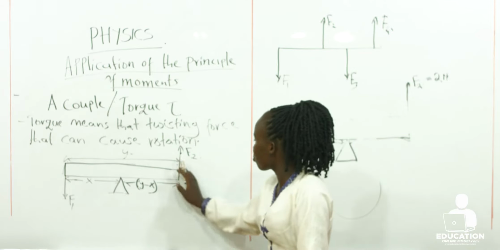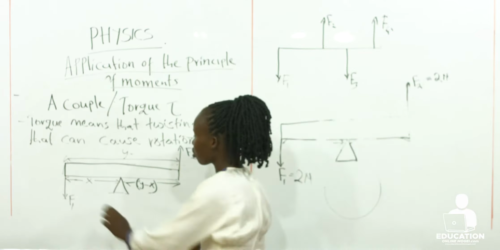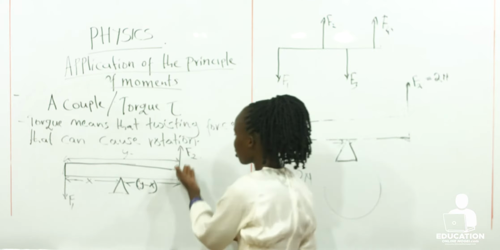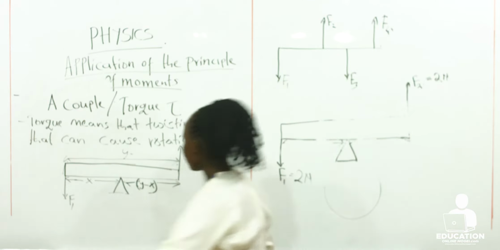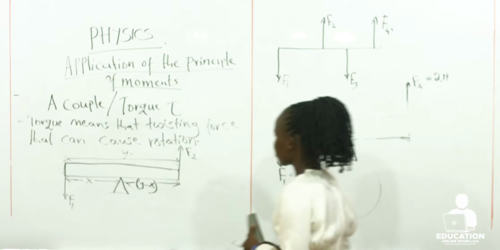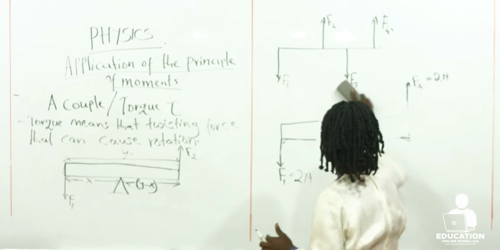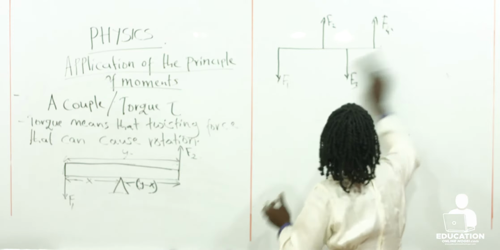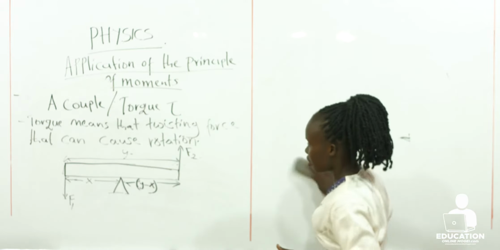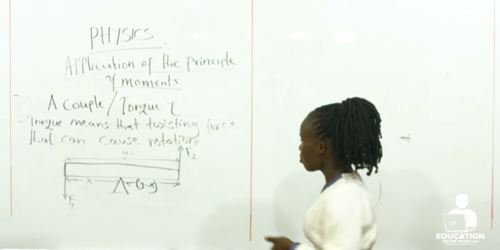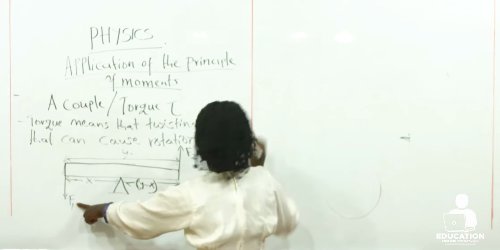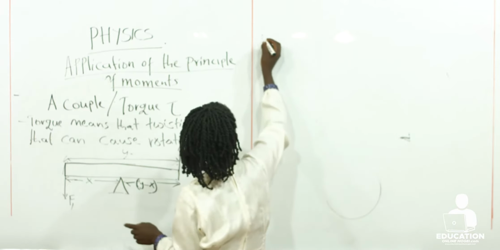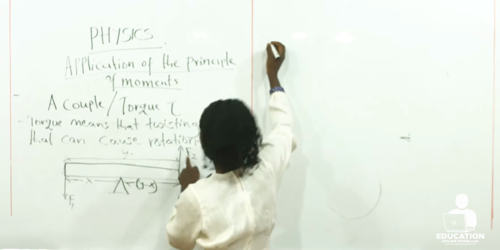So to find this moment, you'll have the moment of this force and then the moment of that force. Let's see, how shall we get the moment? So for the anti-clockwise moment, we have both of these.